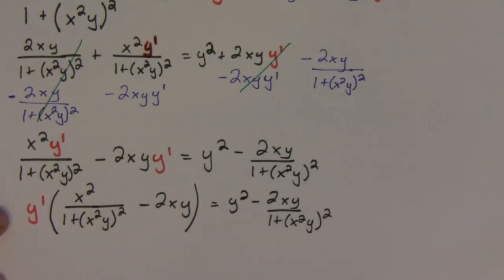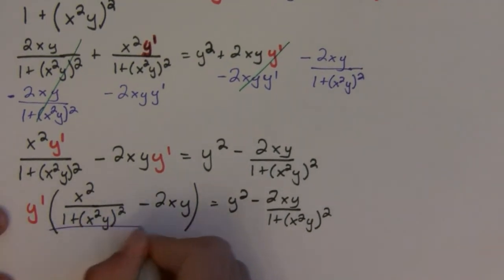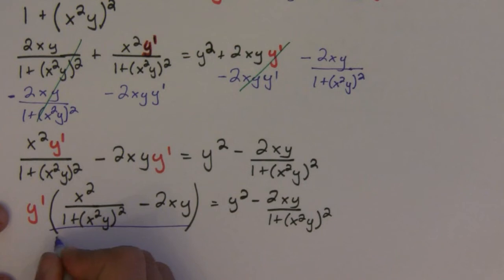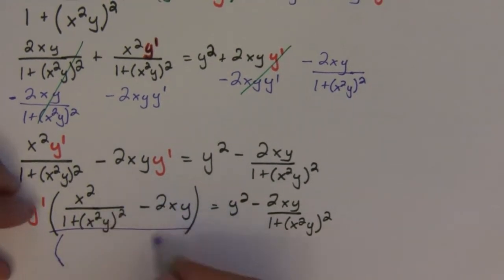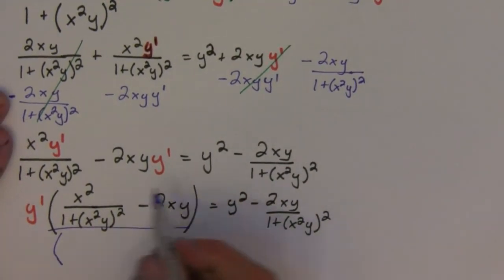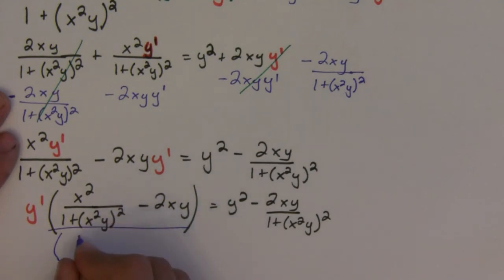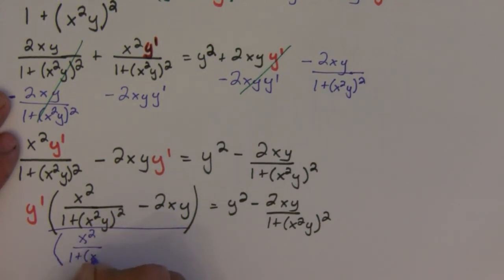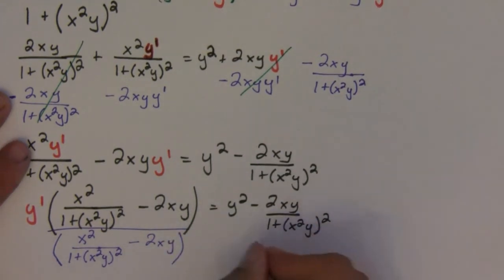Okay, and then the last step, well, that's just to divide both sides by this entire thing inside the parentheses. So this would be divided by x squared over 1 plus x squared y, quantity squared, minus 2xy on the left, and the same thing on the right.